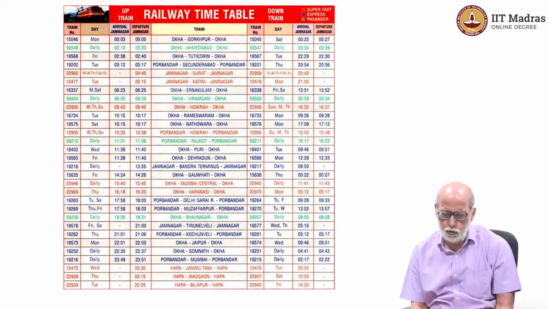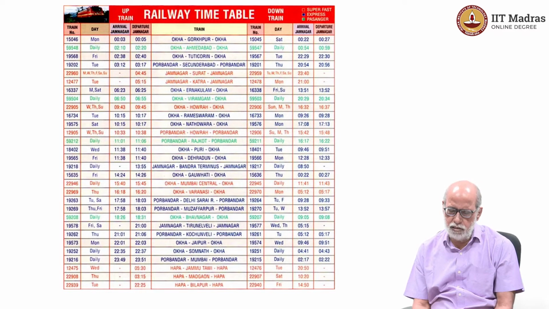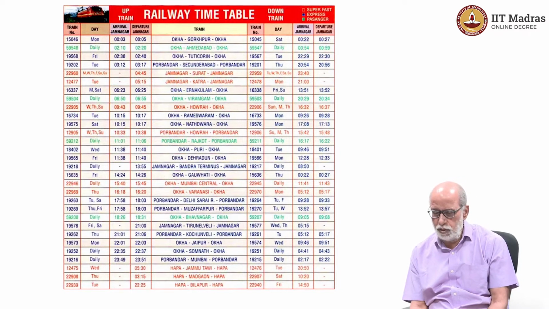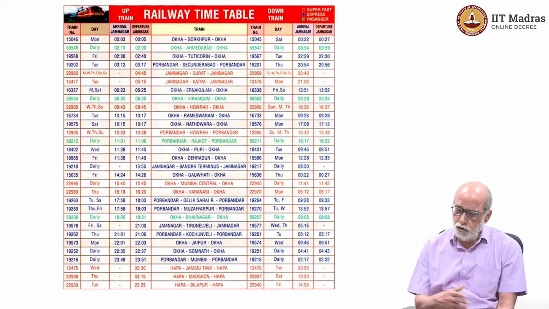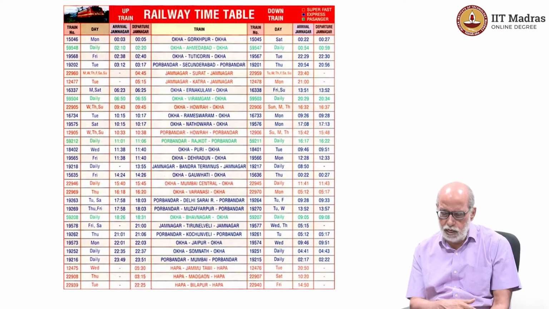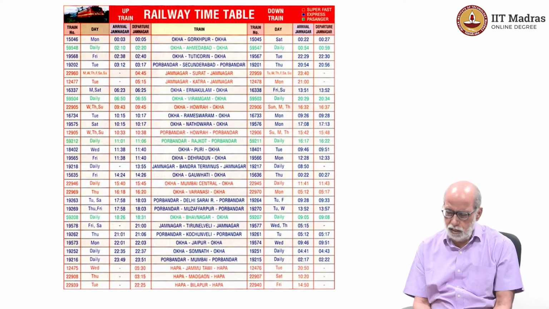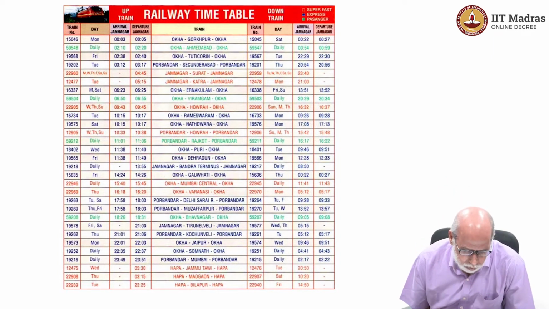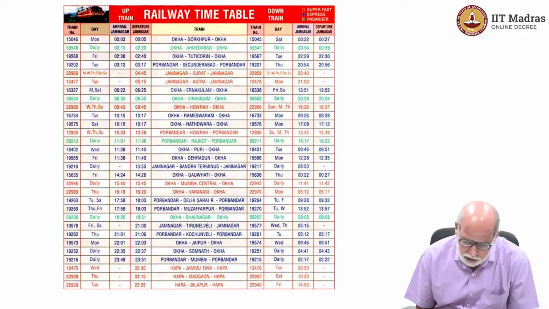The timetable gives you particulars like the name of the train, the frequency, arrival and departure at different stations, which days of the week they run or don't run. All this information is there, but you are not looking at it for all the trains. Maybe you are looking at it for one particular train, so you know where in that chart you can look up your train. For instance, you want to look at train number 19263.